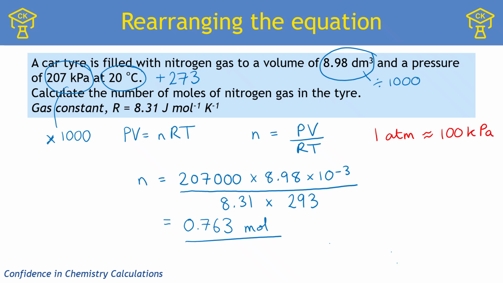So in this question, I have a gas that is approximately at room temperature, 20 degrees, and is roughly double atmospheric pressure. Now, why is that important?